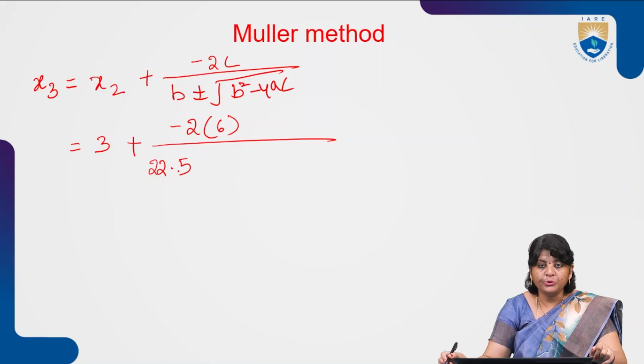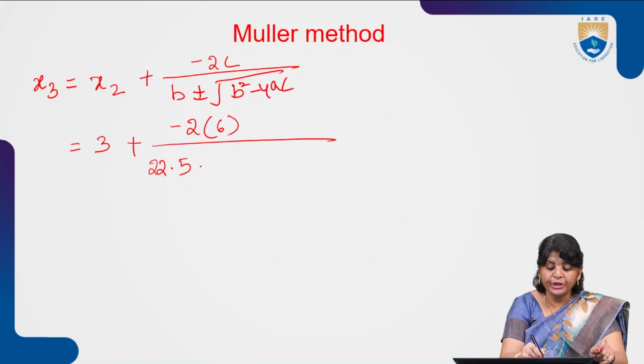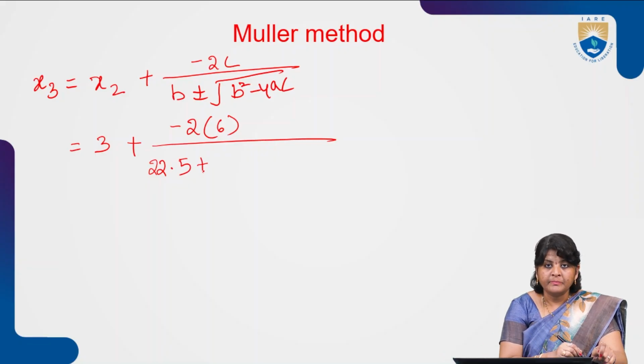Based on the b value, if it is positive we take the plus sign in the formula. If b value is negative, then you take the negative sign. Now since b is positive, we take only the positive root.